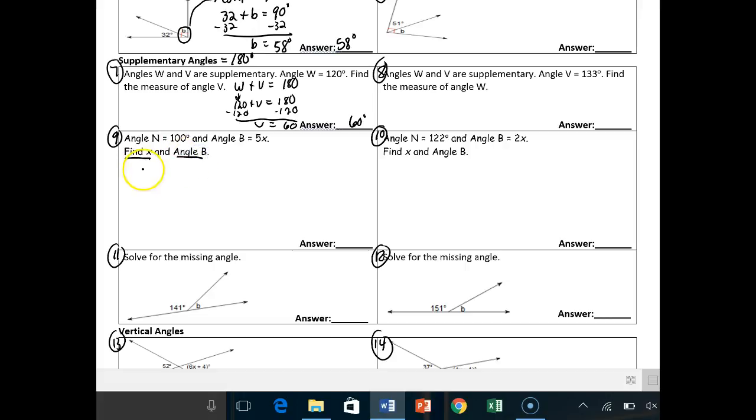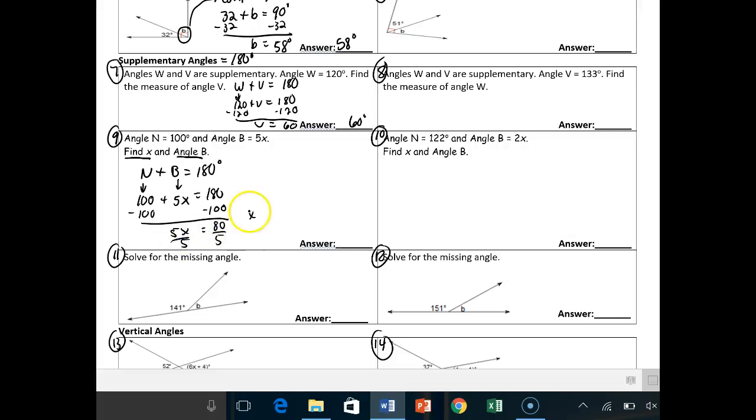All right, so we have N plus B is equal to 180 degrees. Why 180? Because they're supplementary. N was 100 degrees plus B was 5x is equal to 180. So it's a two-step equation. Subtract 100 from both sides. You get 5x is equal to 80. Divide by 5.